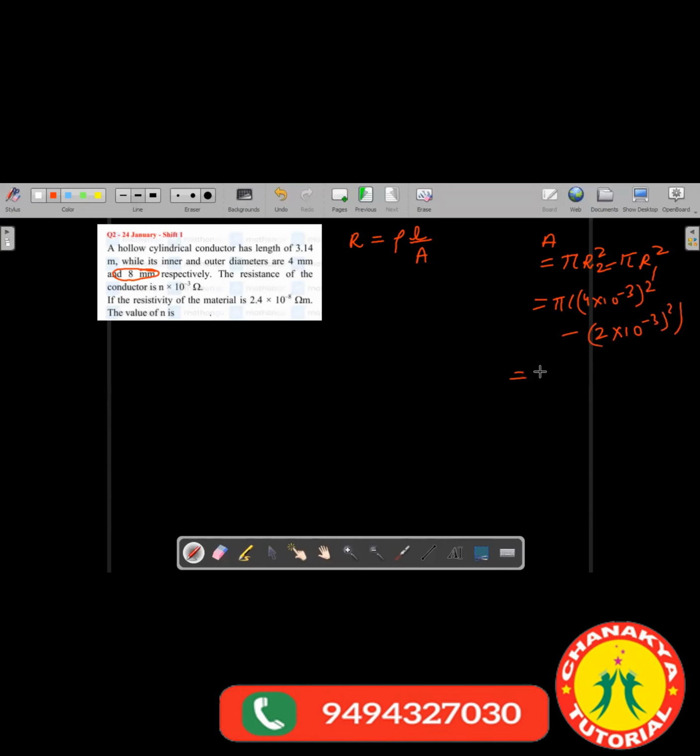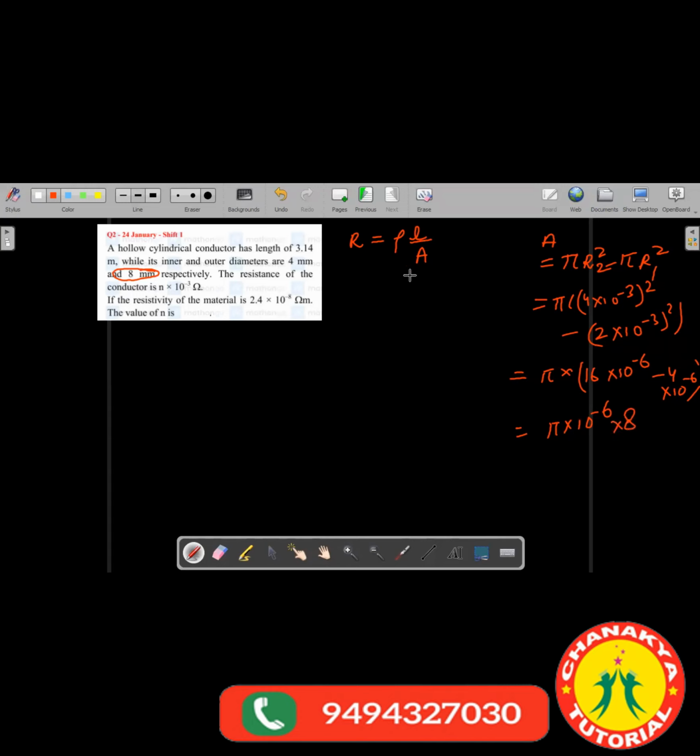And hence you will get area as pi multiplied by 16 multiplied 10 to the power minus 6 minus 4 multiplied 10 to the power minus 6. You can take out 10 to the power minus 6 common. So you have pi multiplied 10 to the power minus 6, and 16 minus 4 would be 8. So you get multiply 8. So this is the area.